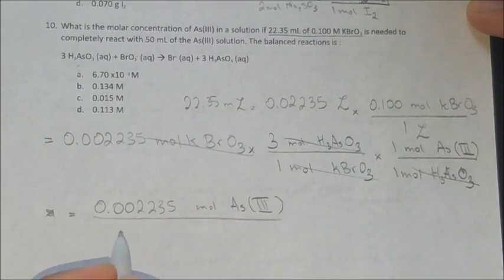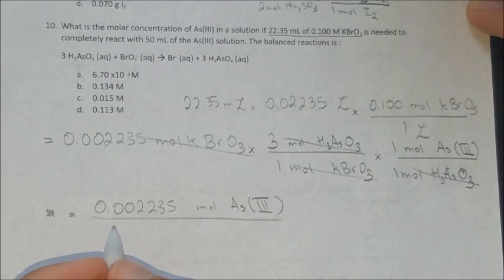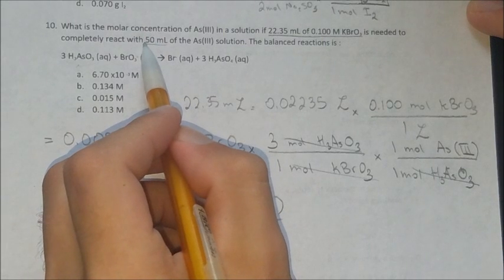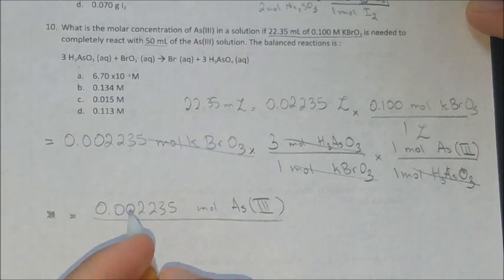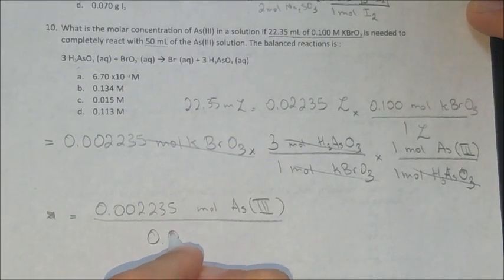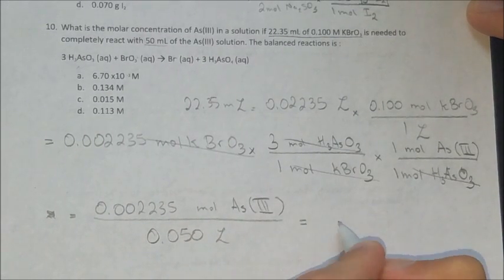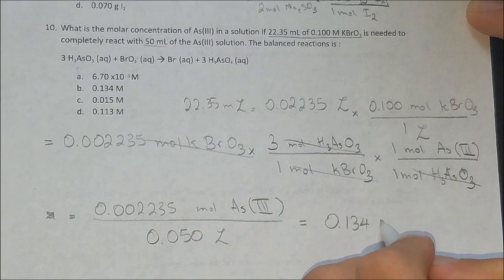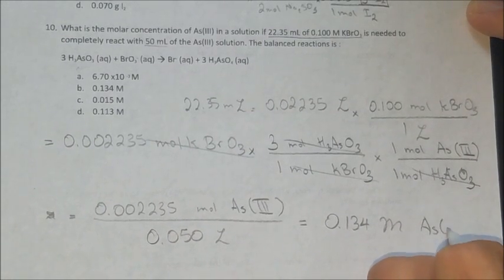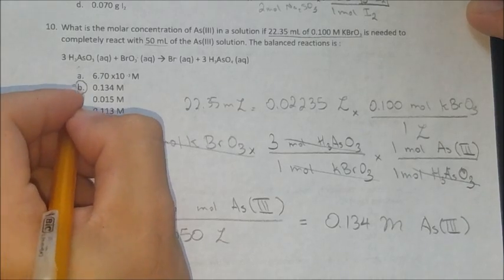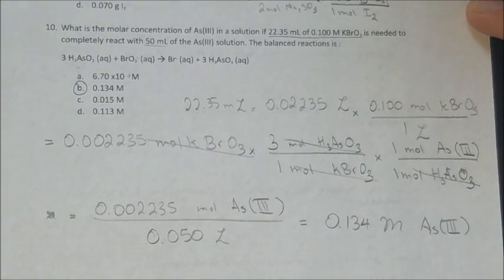Now we get to apply the molarity, because we had 50 milliliters of this solution. We just divide this by the volume, and that gives us a molarity of 0.134 molar. Just like that. So the correct answer for number 10 is B. And there you go. That was quiz number 11.